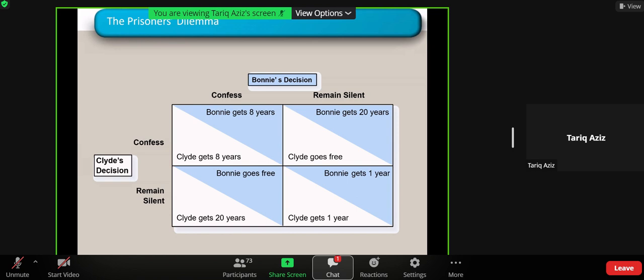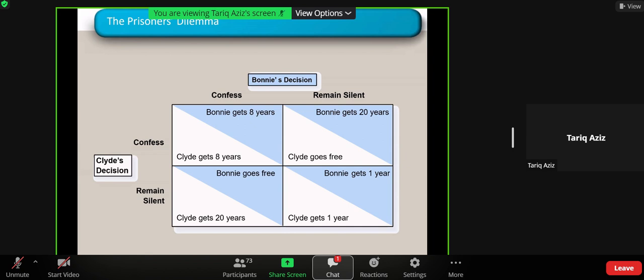This example is called the prisoner's dilemma. This is the dilemma, because if both decide to remain silent but they do not have trust in the other party, say, for example, Clyde and Bonnie both know that it is optimal if they both remain silent.